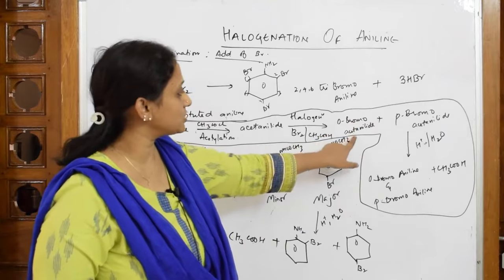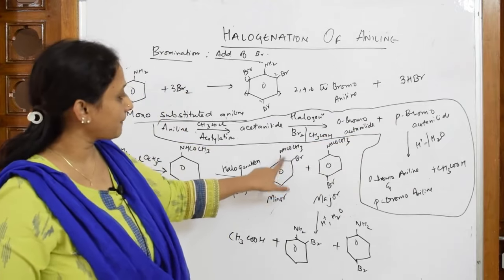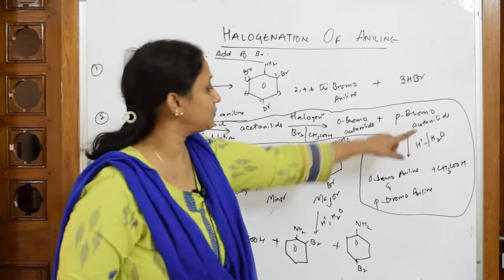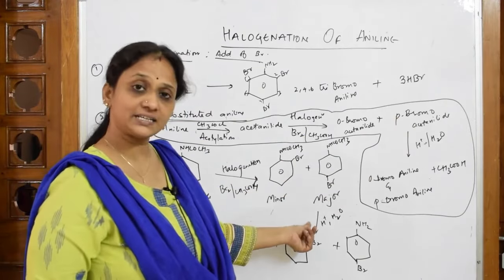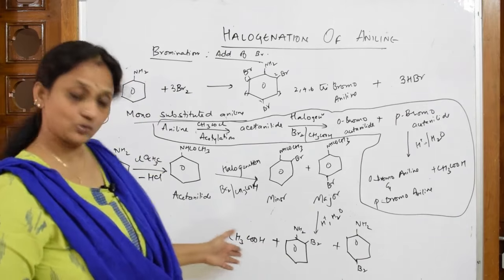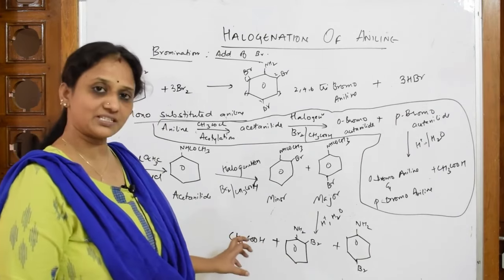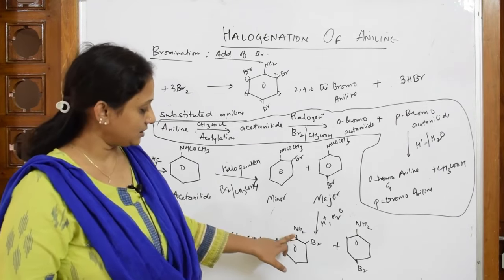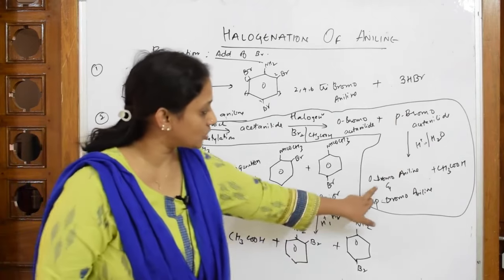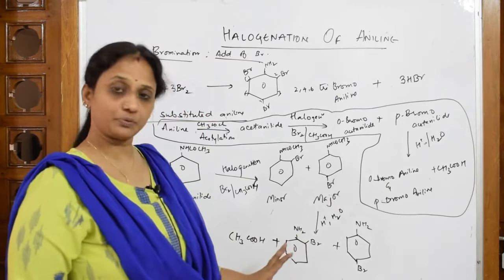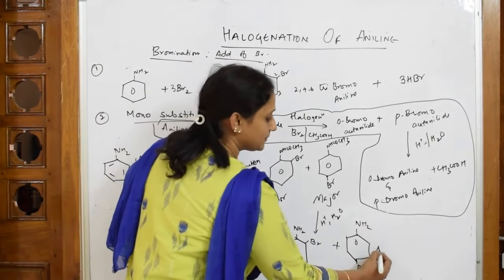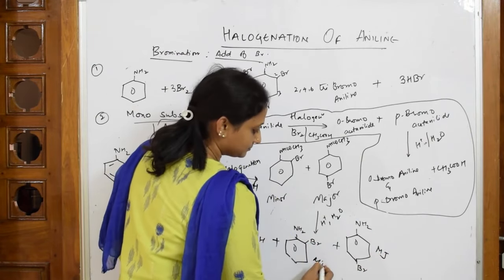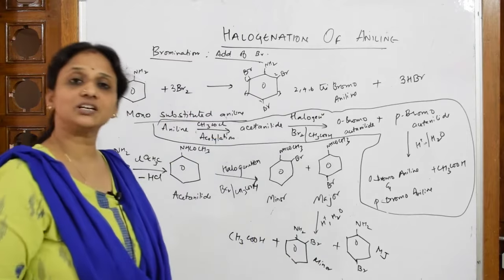One is orthobromoacetanilide and parabromoacetanilide. After that, you're hydrolyzing it. Then acetic acid is out. I've not balanced it, I've just written acetic acid out. And aniline with orthobromoaniline, a separate product. Parabromoaniline. This is major. This is minor. So this is your halogenation reaction of aniline.